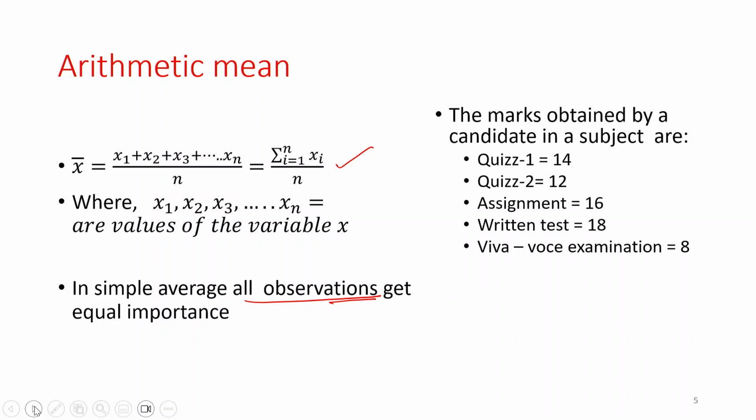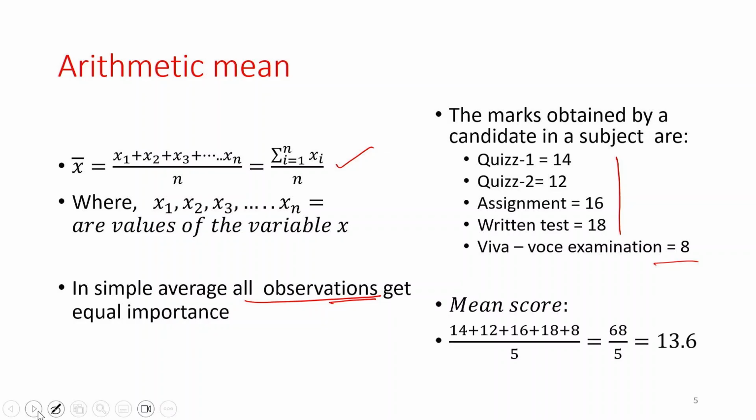Now, say these are the marks obtained by a student in quiz tests 1 and 2, assignments and written test, then viva examinations. So these are the individual marks in a particular course that a teacher is teaching, and his average score would be the sum of these individual scores divided by 5.